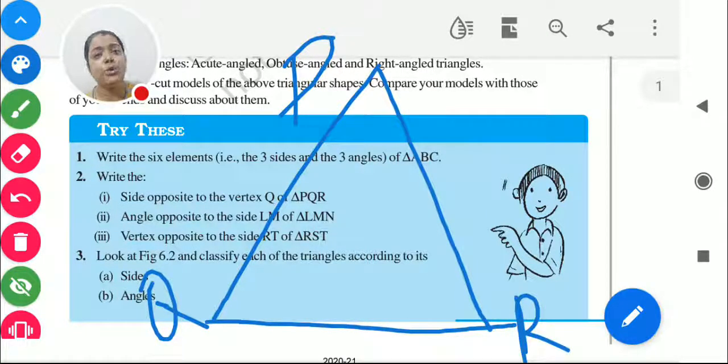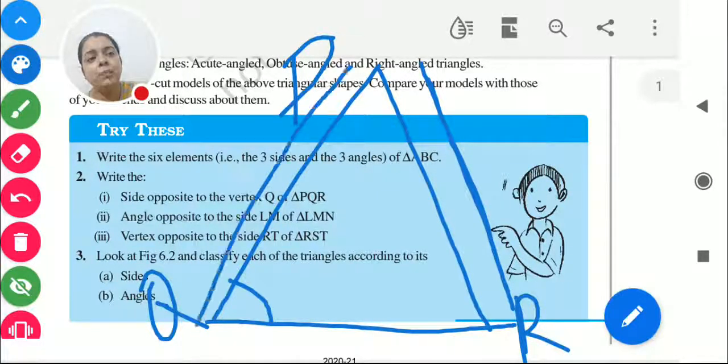As I told you first, the angle is given, meaning the vertex is given, and you have to find the opposite side, right? Now I'm asking, this is PR. So what is the opposite vertex of it? The angle opposite to PR is what? The angle Q. The angle opposite to PQ is what?